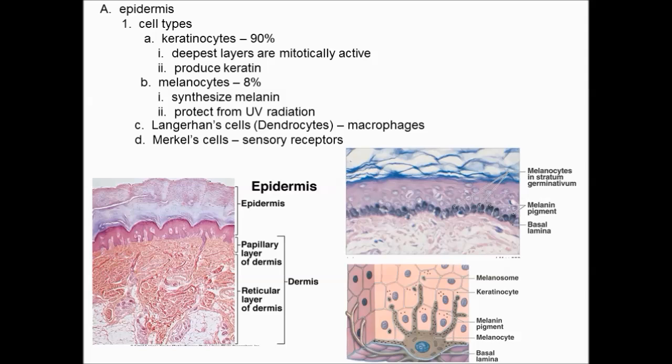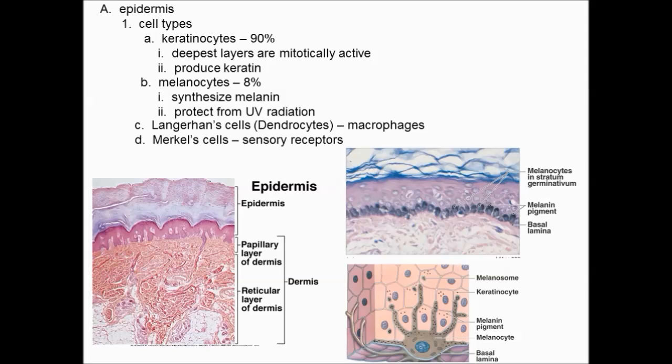This is the dark pigment that is more present when we tan, and it gives our skin its appearance. One of the values of melanin is that it protects us from UV radiation, absorbing it so it doesn't get down to the lowest level of the epidermis.